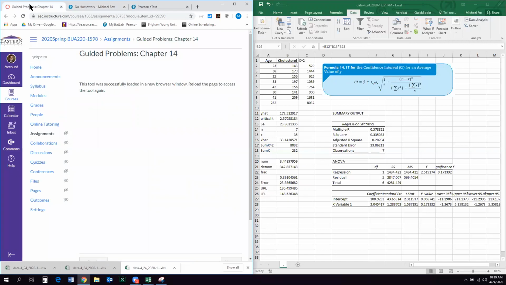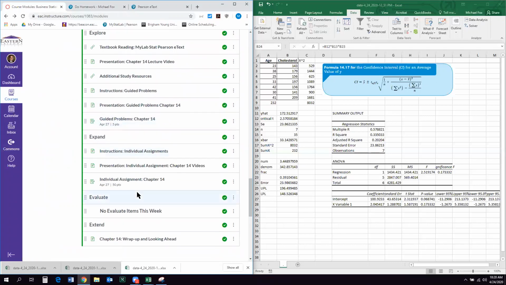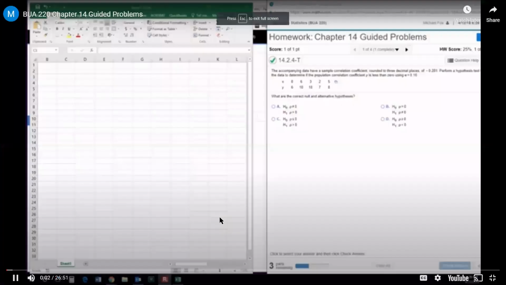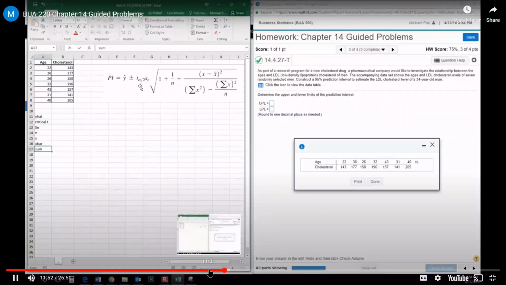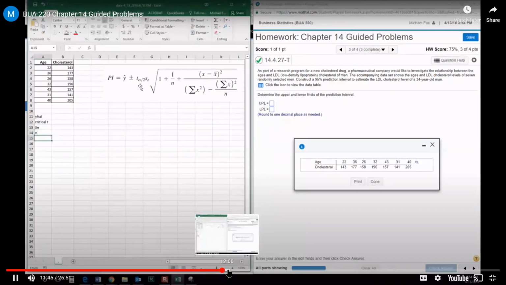The other thing we could do is go to the guided problem. Don't get frustrated. Never.